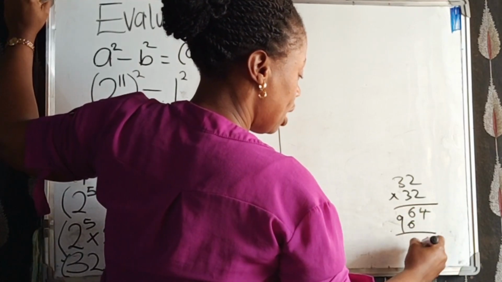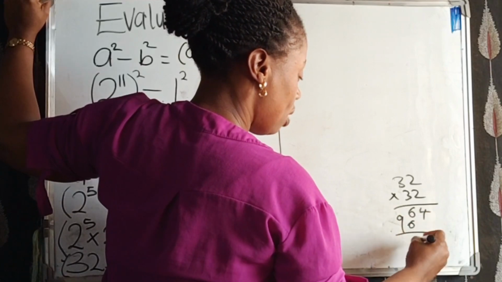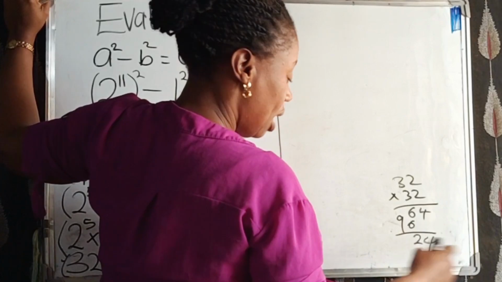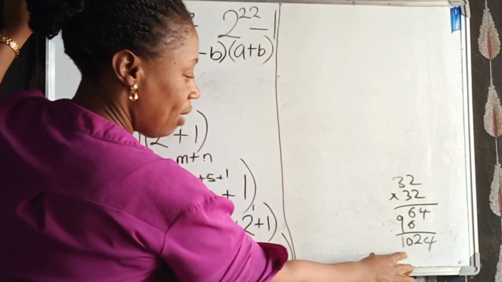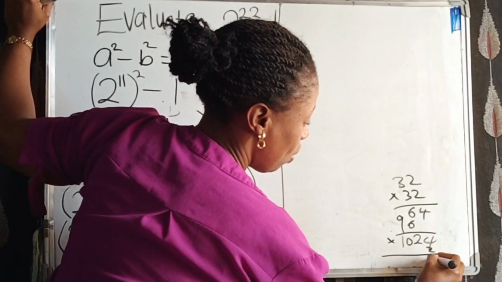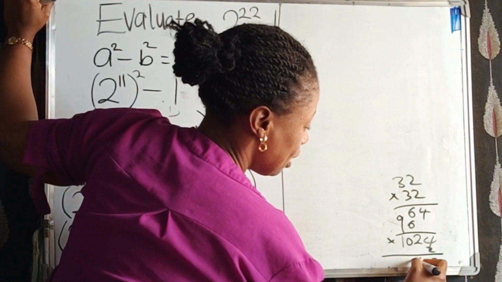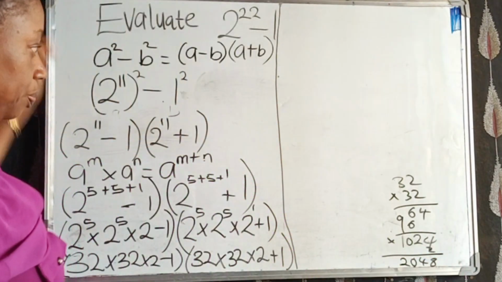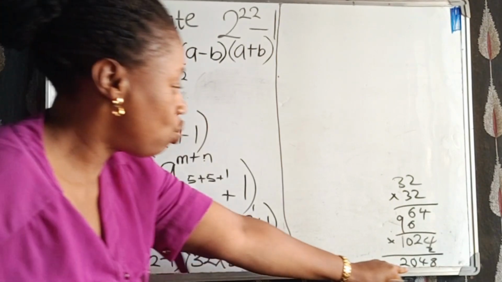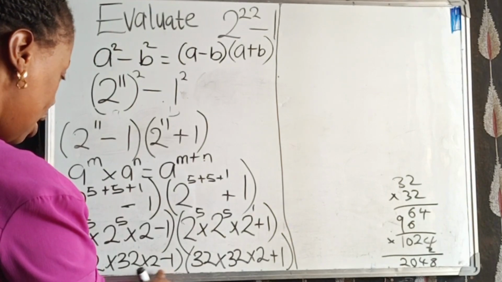When we add that up together, 6 plus 6 is 12, and 9 plus 1 is 10, we have 1024. Times 2 gives us 2048. So let's replace that here.